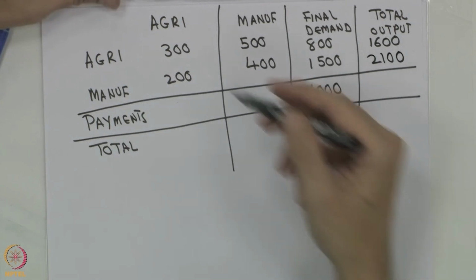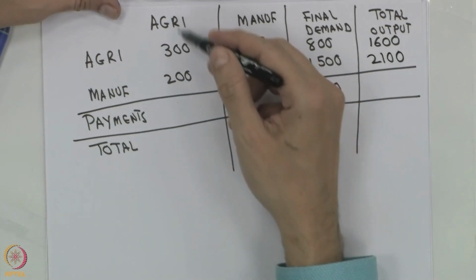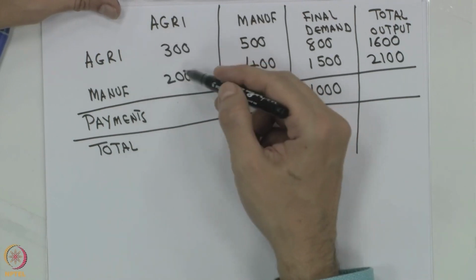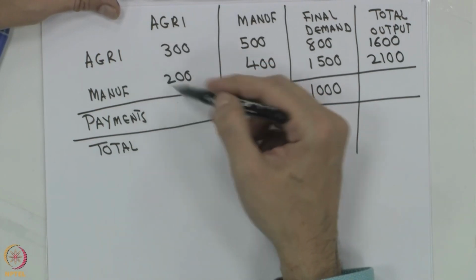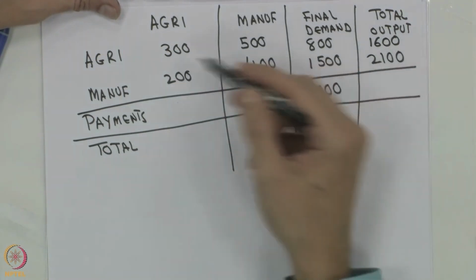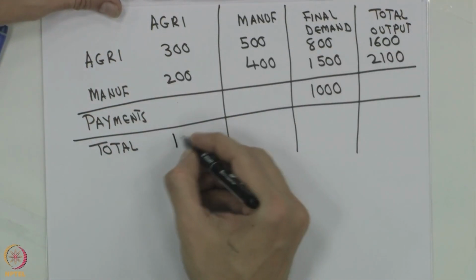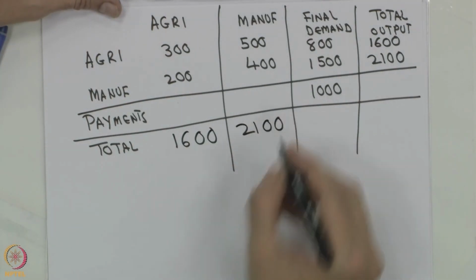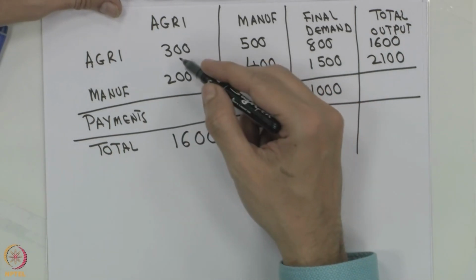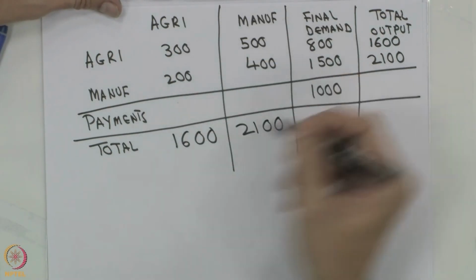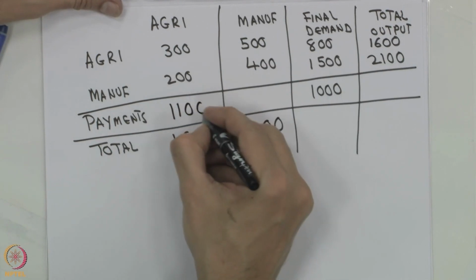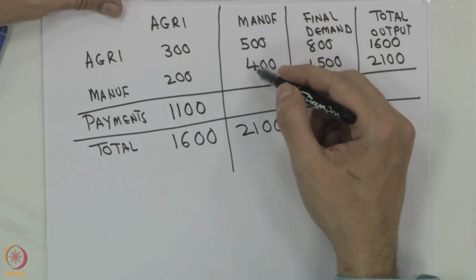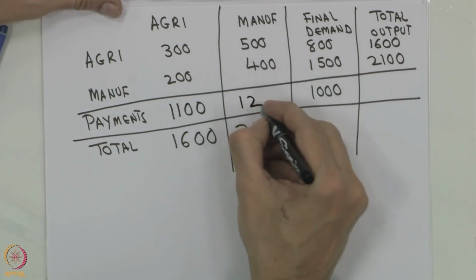Now we know that when we are looking at the agriculture column, agriculture is being used for agriculture, and these are the transactions here. The total payments in terms of wages, profits, everything, must be such that the total output is the same. So the total output here will be 1600, and here it will be 2100. As we subtract, 1600 minus 500 gives us 1100. Similarly, 2100 minus 900 is 1200.